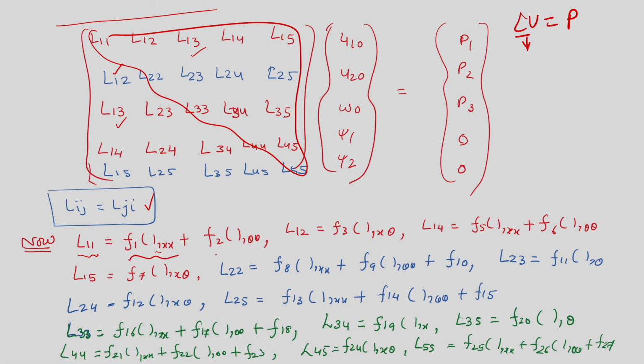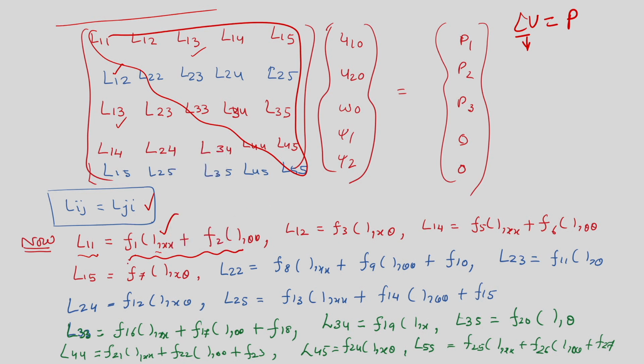So, F1 and F2. In the previous lecture, I have clearly said that F1 may be A22 plus B22 by R plus D22 by R square and so on. So, F1, F2 are nothing but the coefficients of any terms which have comma xx. If you are talking about particularly L11, it is u10 comma xx plus u10 comma theta theta.